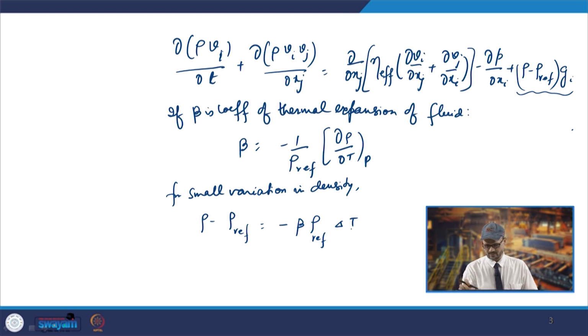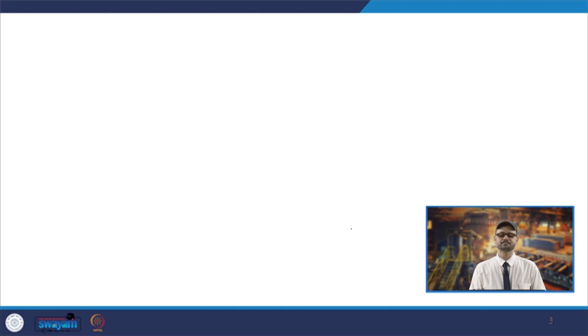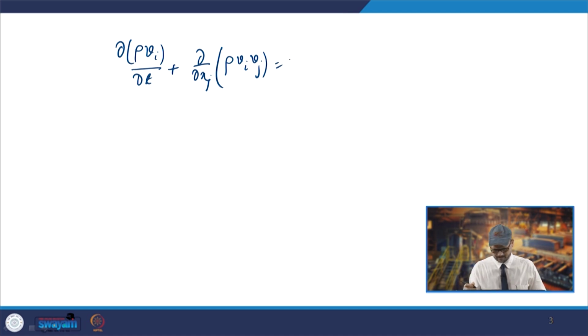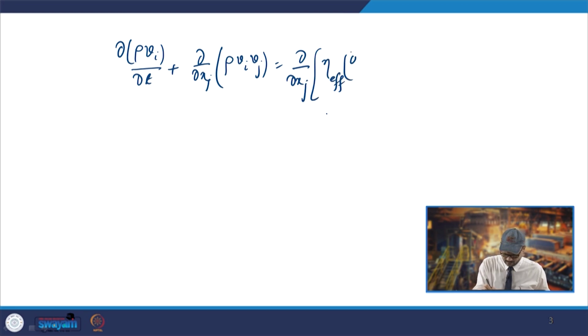So, that term will come here, and accordingly we will write the equation: ∂(ρ v_i)/∂t plus ∂/∂x_j of ρ v_i v_j. That will be the convective term. Then you will have the diffusive term, for that you will have eta effective, then ∂v_i/∂x_j plus ∂v_j/∂x_i, and then we have the pressure term.